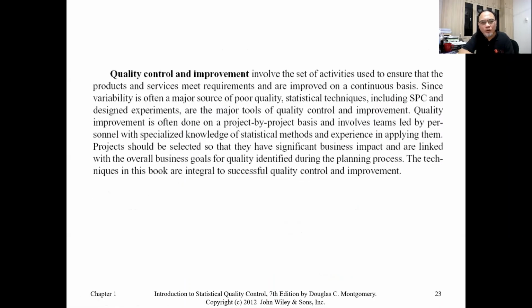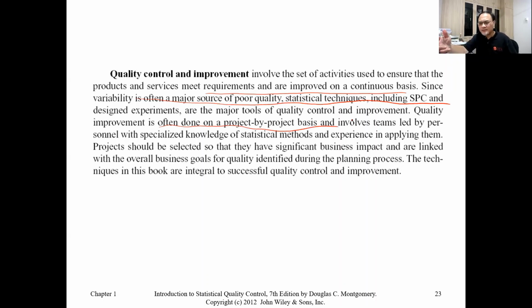Okay. And quality improvement involves a set of activities to ensure that the products meet requirements and improve on a continuous basis. Since variability is the major source of poor quality, you must use quality control techniques such as SPC and design of experiments to do the improvement, monitoring and control. Oftentimes, quality improvement is done on a project-to-project basis.